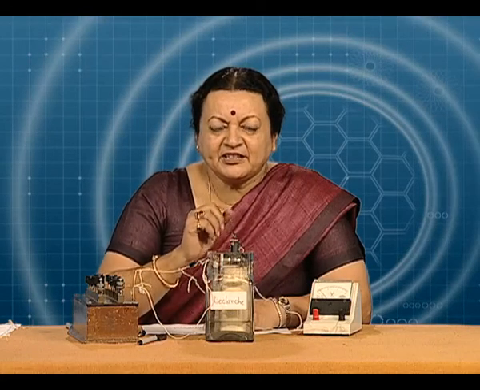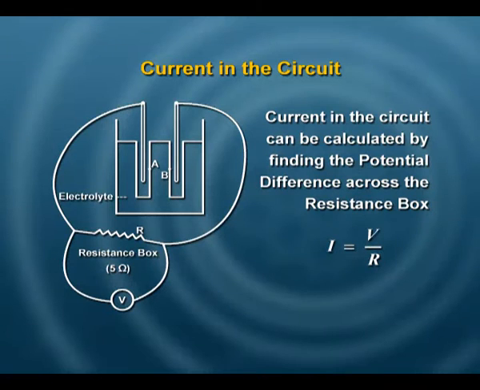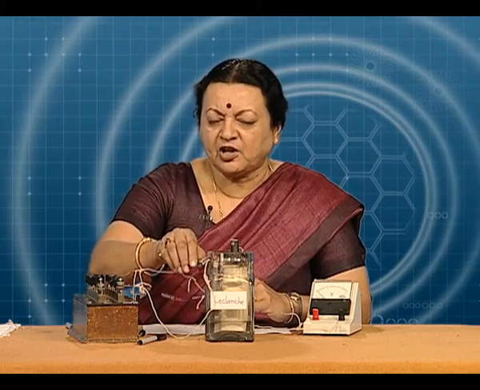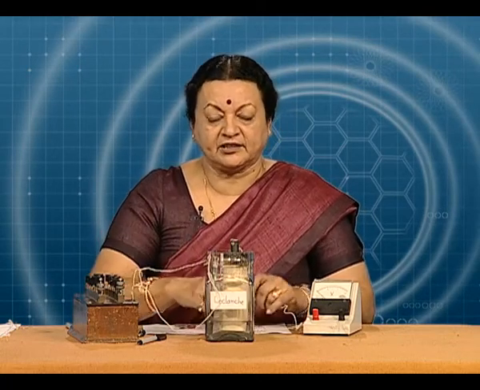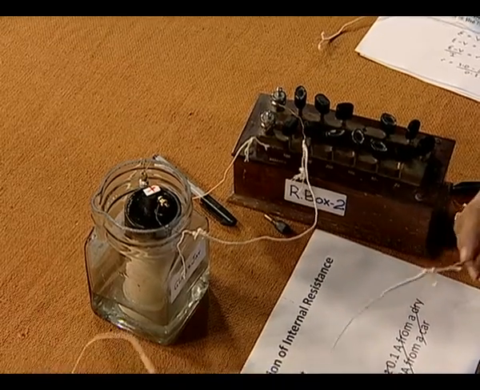Can we calculate this value of internal resistance? We could if we knew the current in the circuit. I do not have an ammeter right now, I have only a voltmeter. Well, I am going to use Ohm's law and find out how much current is flowing in the circuit by finding out the potential difference across these two terminals.